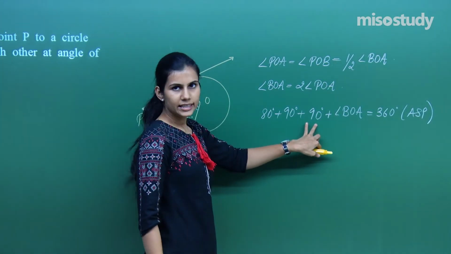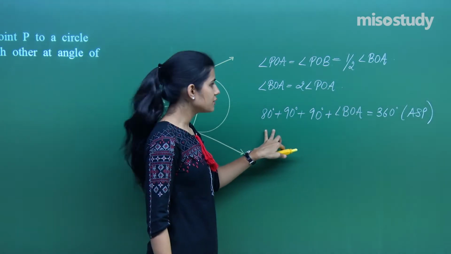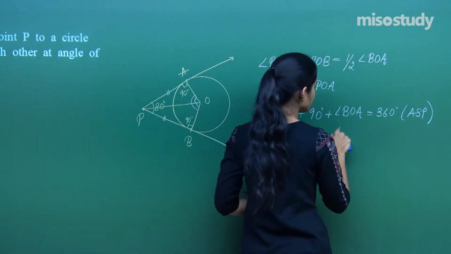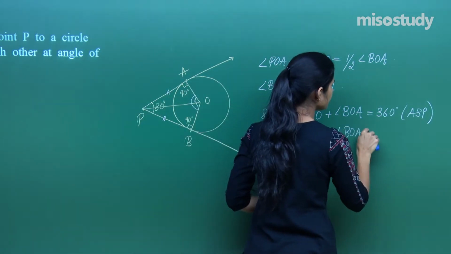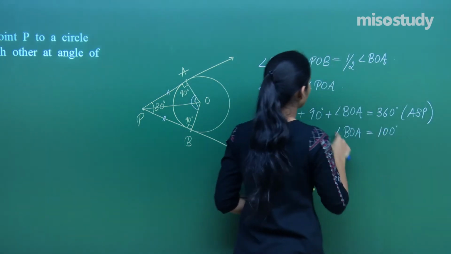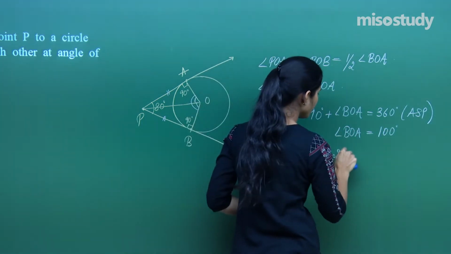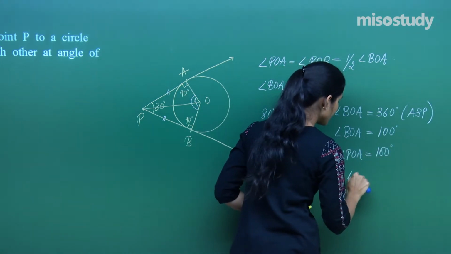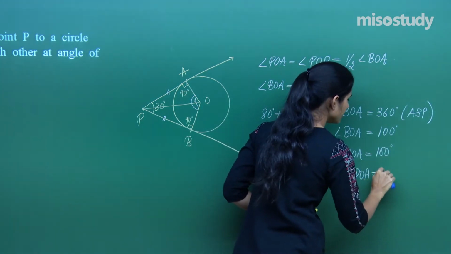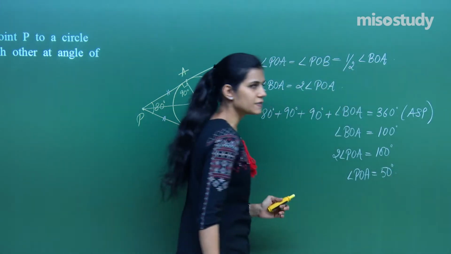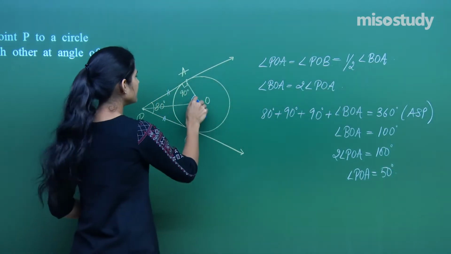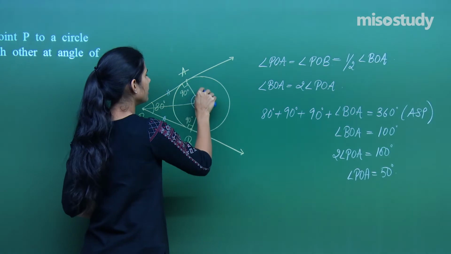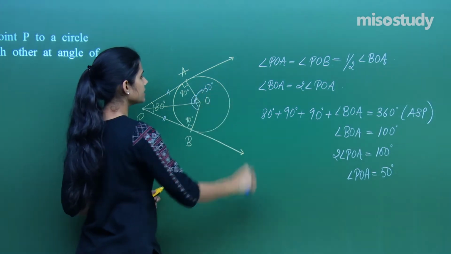This is 180. 180 plus 80 gives you 260. 360 minus 260 gives you 100. And angle BOA is twice of angle POA. So angle POA happens to be 100 upon 2, which is 50 degrees. So the measure of this much angle is 50 degrees.